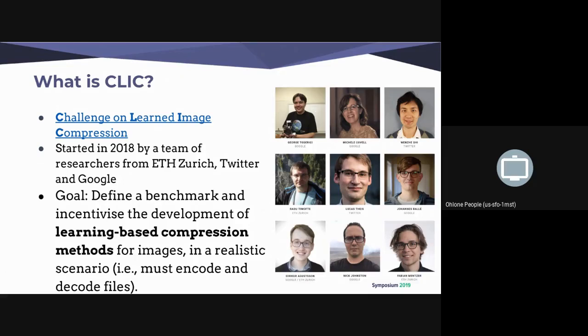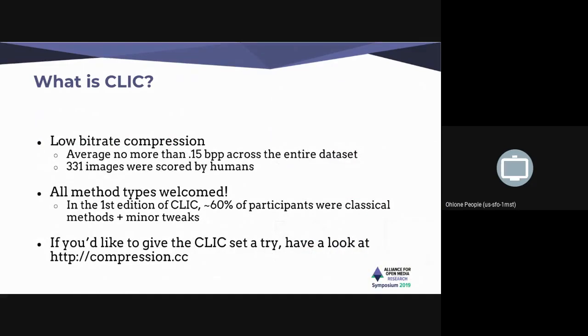So we made it explicit as part of our challenge that you give us some files and a decoder binary, and we'll decode these files for you on a different machine than what you had to encode on, because we'd like to test this determinism problem as well. In this challenge, we had about 330 images. We were asking competitors to compress them to an average of 0.15 bits per pixel.